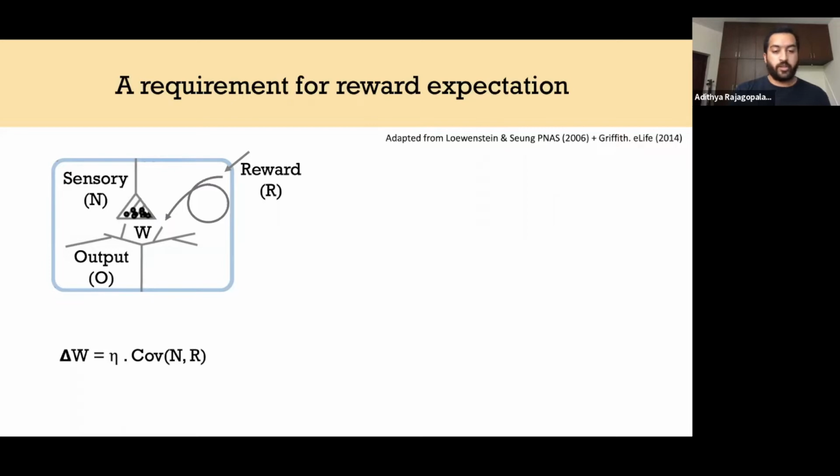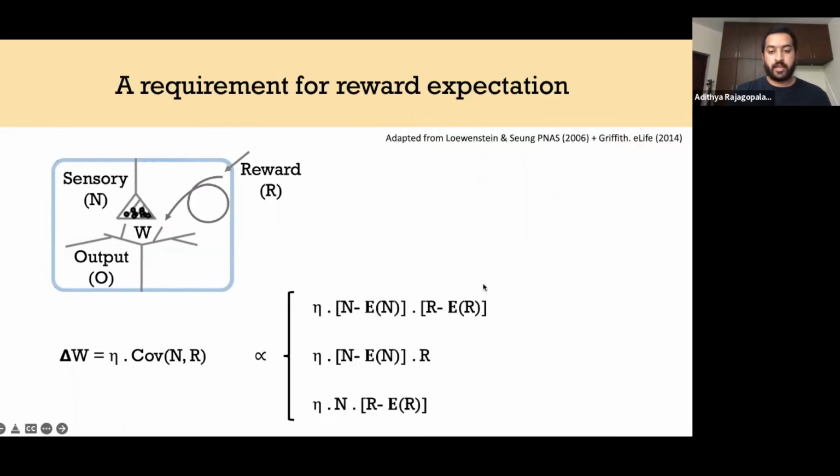That's the kind of rule that you need to produce matching behavior. And the kinds of covariance rules that they looked at were rules where one of the terms involved was mean subtracted and had an expectation of 0. And so I wanted to test if this kind of covariance-based rule was in fact what underlies matching behavior.